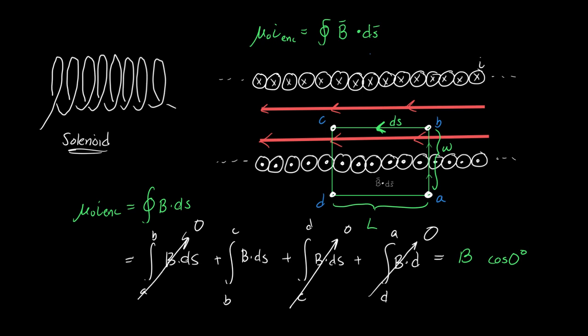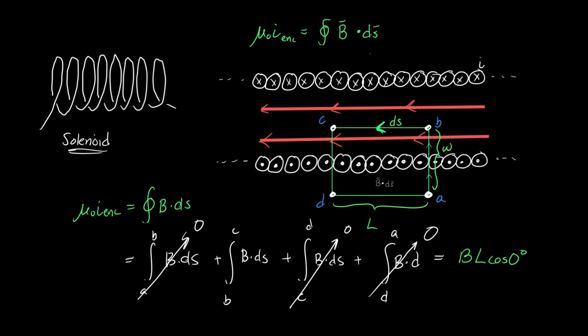So what's left is just the integral of ds, adding up all of the length from B to C. Can we use the fact that it's L long as what we're going to use as our sum? So I'll just put the L right there. B times L times the cosine of 0 degrees. Any questions?